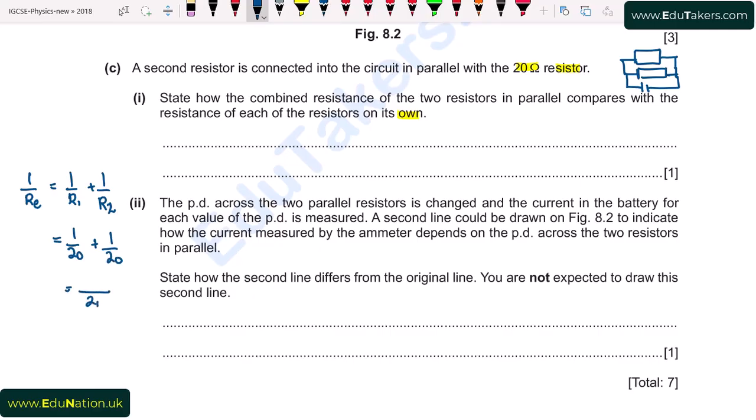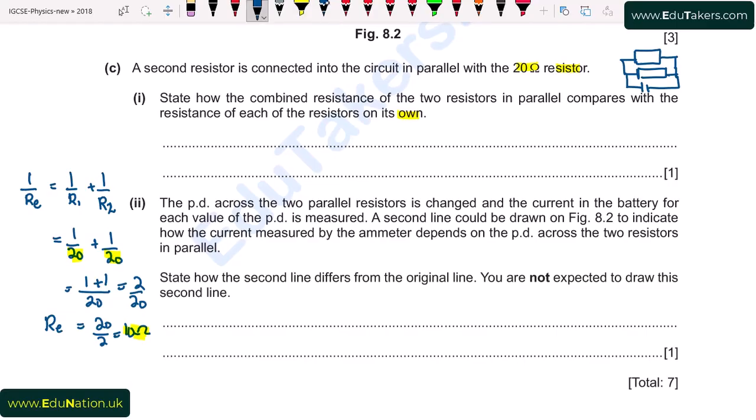It is 1 plus 1, which is 2 over 20, so that the value of Re comes to be 20 over 2, that is 10 ohms. So here we can see that this 10 ohm is very small as compared to 20 ohm. So when we combine resistors in parallel combination, then their combined resistance will be smaller than the smallest resistance.